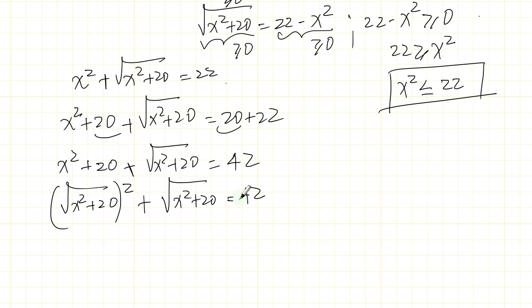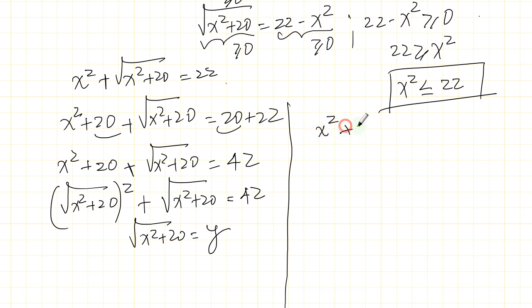This is one of the ways we can solve this problem, because we just have to make a substitution. We consider that x squared plus 20 equals y, and then we solve this. This is one of the ways, okay? But I'm going to solve in a different way, because this way is cool as well, but let's seek another way to solve this.